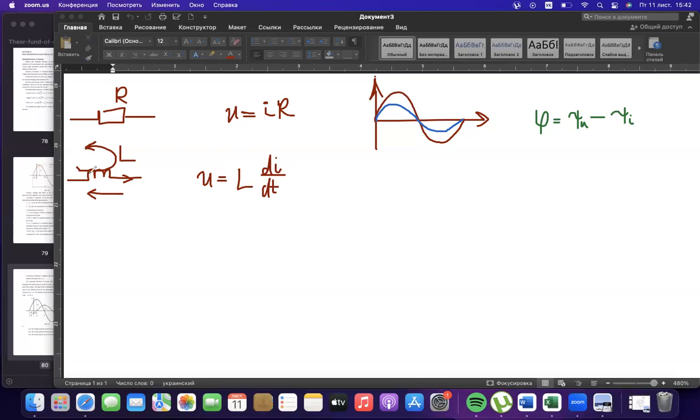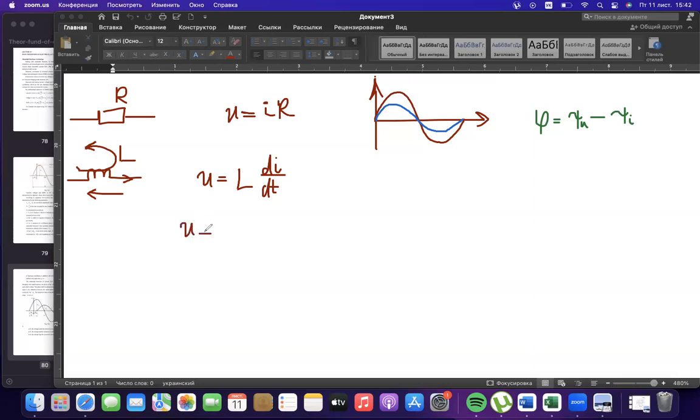For example, if the number of wires increases, the magnetic field increases, if the material is better, then the magnetic field increases, and so on. If the geometry is better, then the magnetic field increases. And all these parameters can be put in one coefficient that is called inductance, in Henry, and denoted as L.